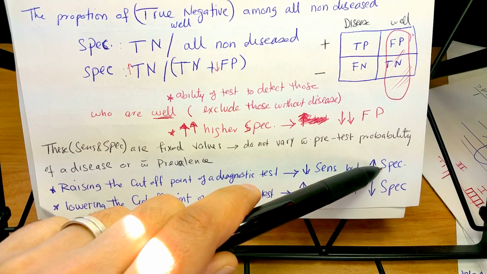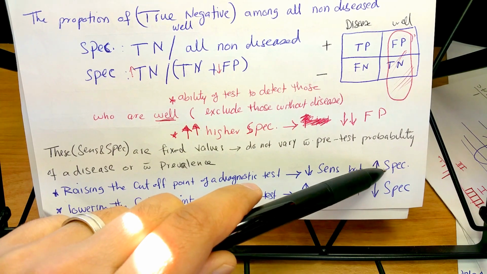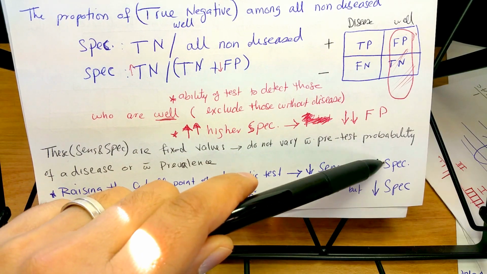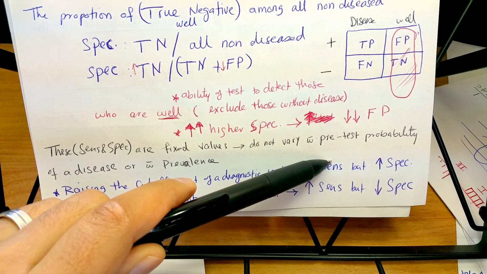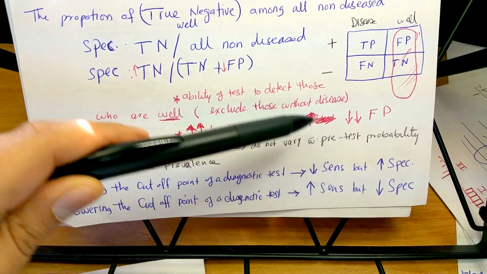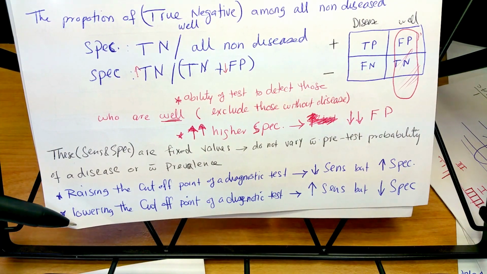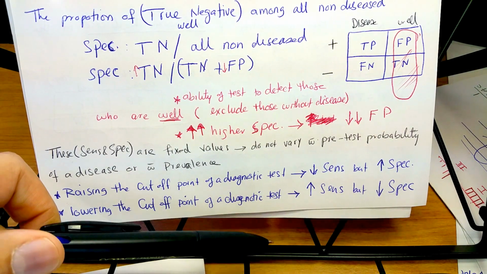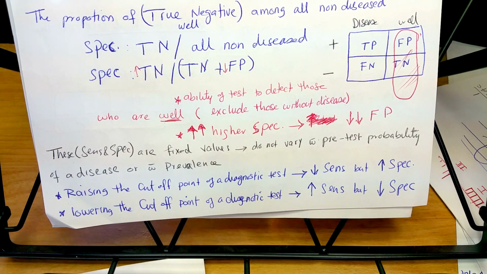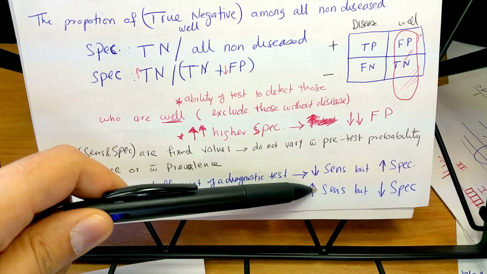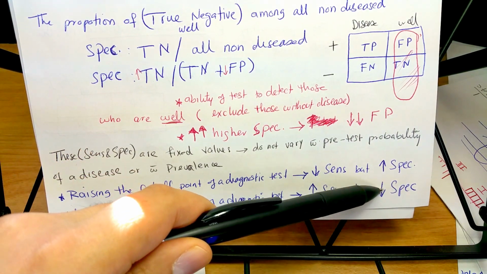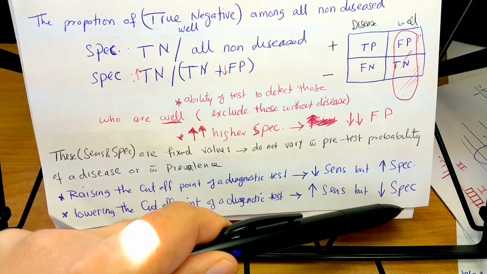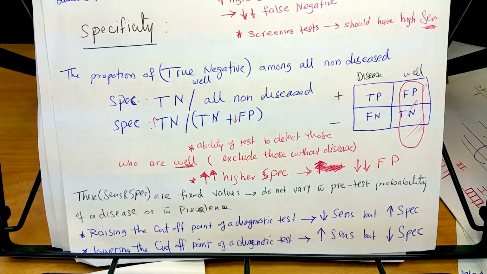So increasing specificity, we'll have less false positive. So increasing specificity and decreasing sensitivity. While lowering the cutoff point of the test makes it easier to detect the diseased people, so increased sensitivity, but we'll get some false positive results. So decreasing specificity. We'll talk about them a little bit later too.